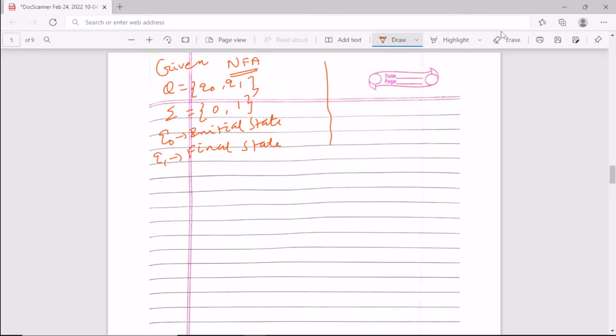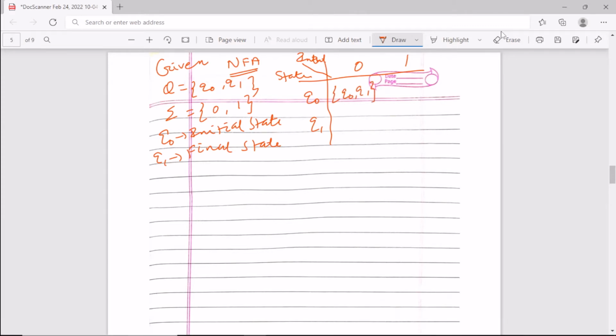The transition function is given in terms of a function, so I have to take it in terms of a table like this. Here you have states and there we have inputs 0 and 1. We have two states, Q0 and Q1. In Q0 if you read 0, delta of Q0 comma 0 is {Q0, Q1}.